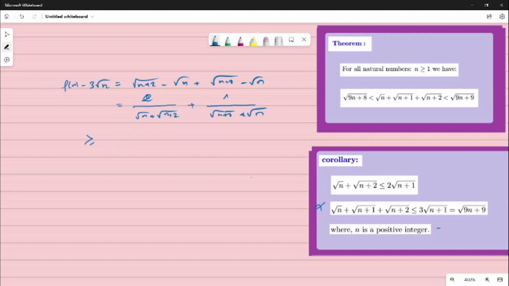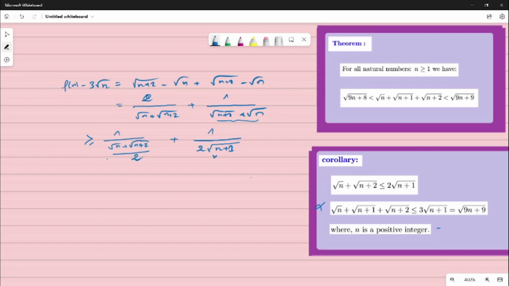And this is greater than 1 divided by the square root of n plus square root of n plus 2 divided by 2, plus 1, because we replace this quantity by this one.